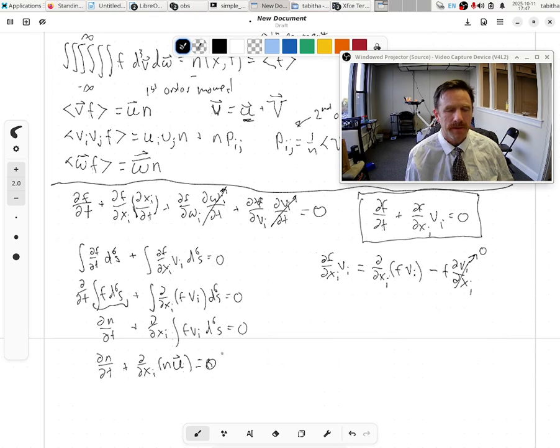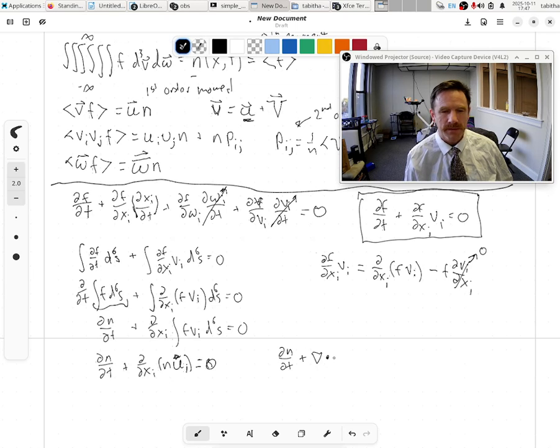This is going to be the first equation that we've pulled out of our boxed master equation here. And this is nothing other than the continuity equation, which you are probably more familiar with, written as a divergence. My apologies, I'm mixing my notation here. Sorry about that.